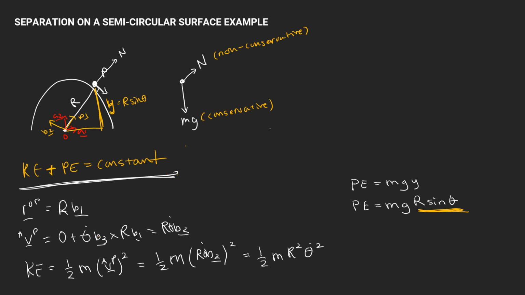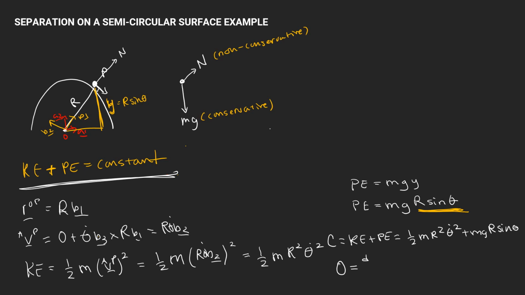And so now if you take the sum of these two energies, kinetic energy plus potential energy, that's going to equal 1/2 m r squared theta dot squared plus mg r sine theta. And we know that this is equal to some constant, c, we'll call it. That means if we take the derivative, the derivative of a constant is going to be 0.